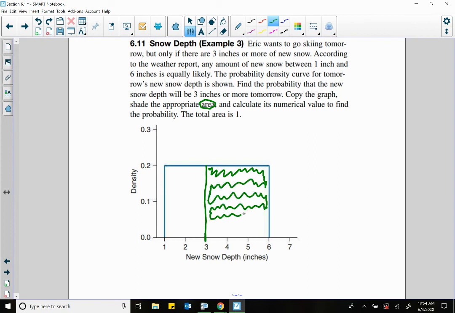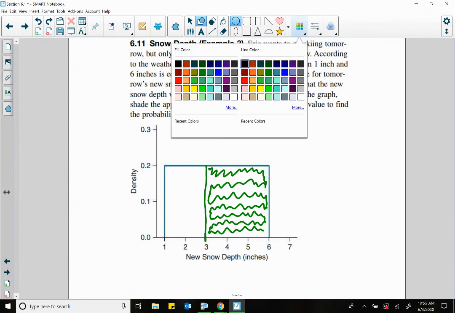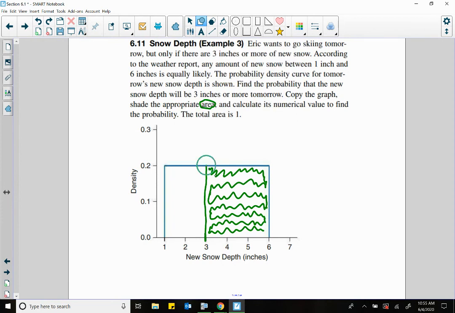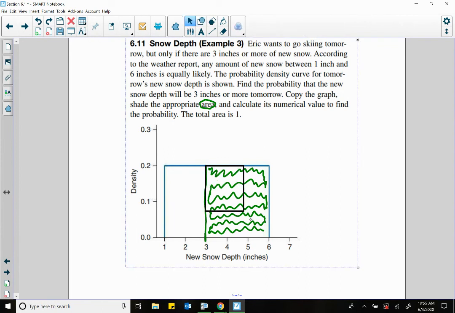Hey, what does that shape look like? Oh my gosh, this shape looks like a rectangle. Ah, that's a circle. I want a rectangle. Do we know how to find the area of a rectangle? Absolutely.